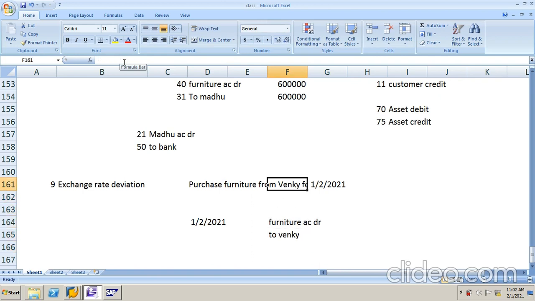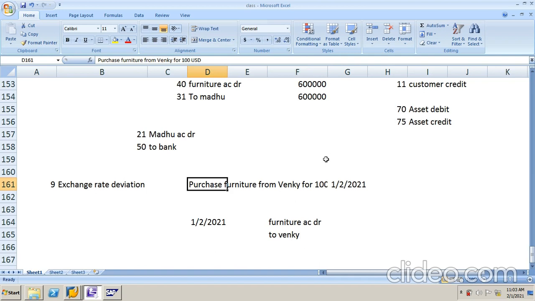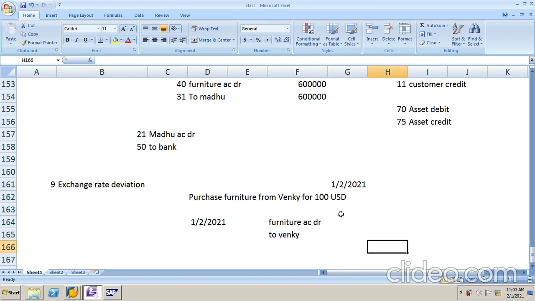The invoice is in USD, so the invoice value is in USD, and we are going to record this data in INR.